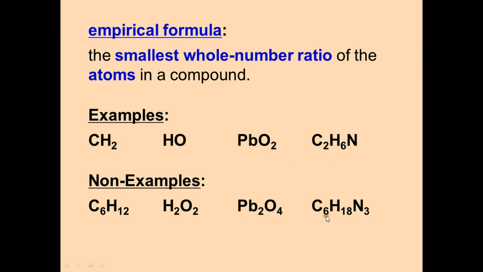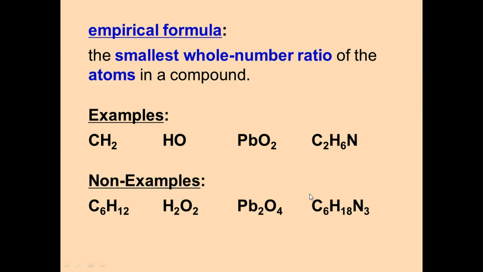Then we have 6 carbon, 18 hydrogen, and 3 nitrogen. The greatest common factor is 3 because 3 limits the GCF. So 3 divided by 3 is 1, 18 divided by 3 is 6, and 6 divided by 3 is 2. That's how we get empirical formulas from these complex formulas.